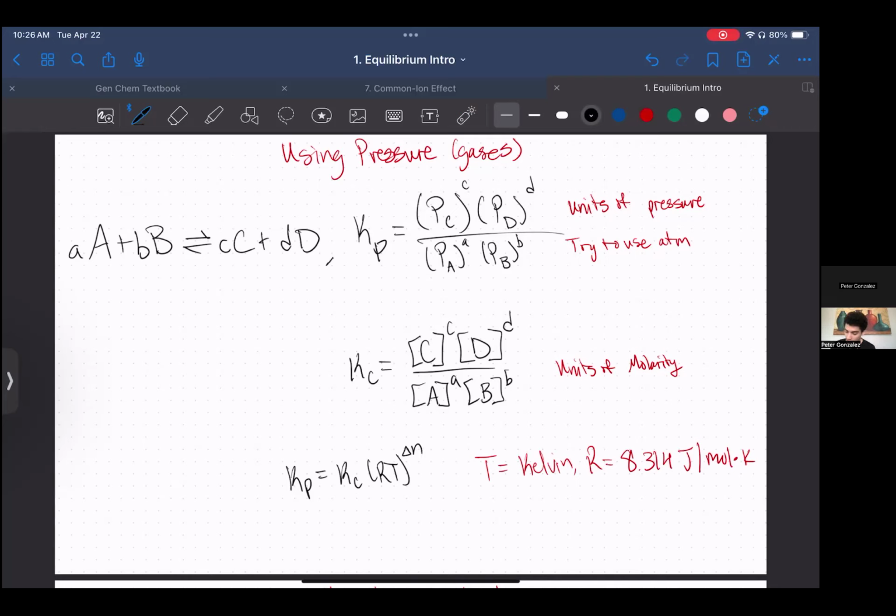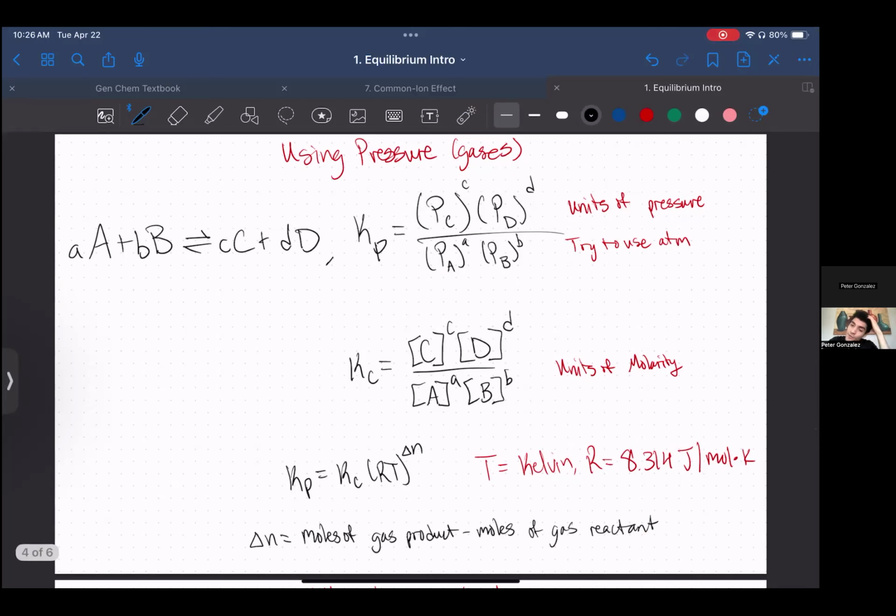What this delta n means is the moles of gas product minus the moles of gas reactants. So if you had, let's say, 3 moles of gas in the product and only 1 mole of gas in the reactant, then this delta n term would be 2 here.